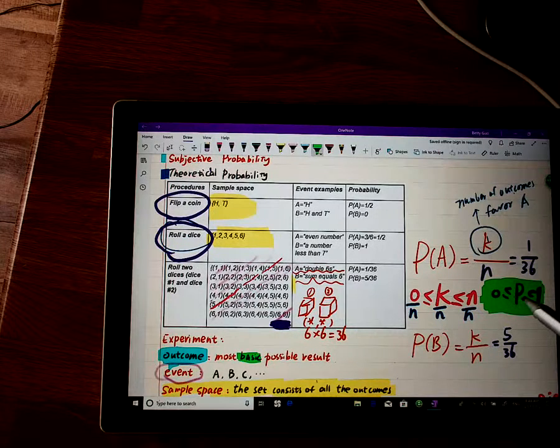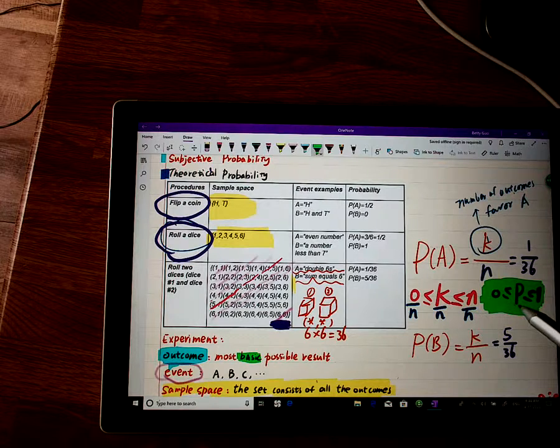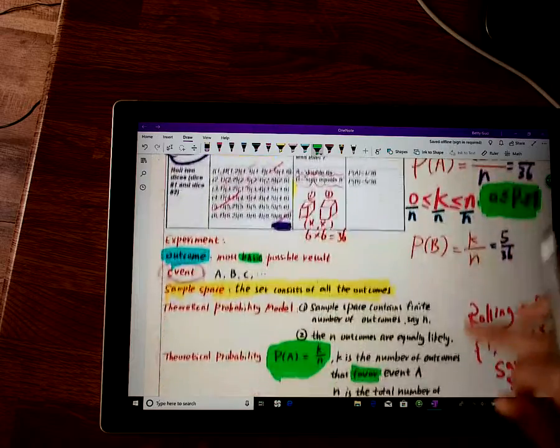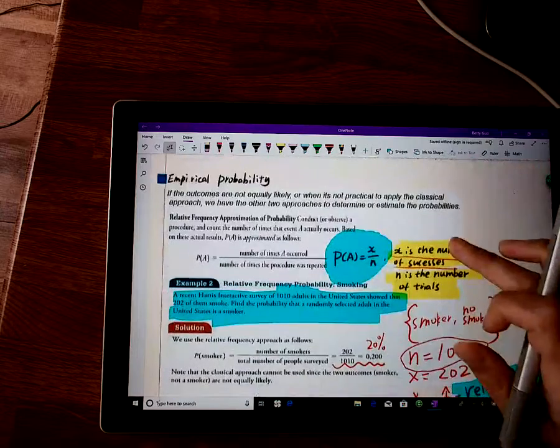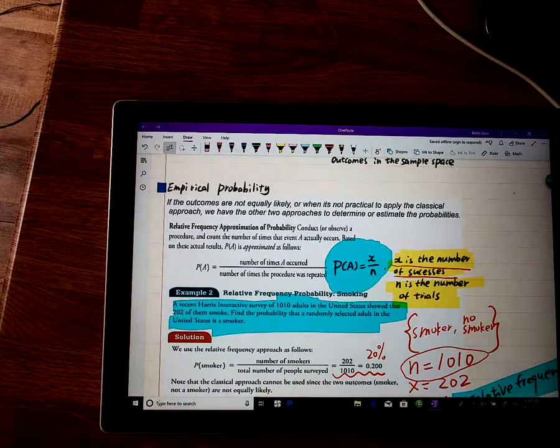Same idea, probability is also a feature, a property of an event. It doesn't change because you wanted to change it, you know. So that's something very important for us to understand about probability. So that's the first definition for probability, called theoretical probability. The second one is called empirical probability.